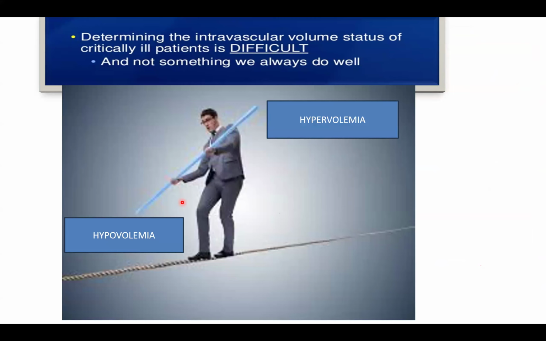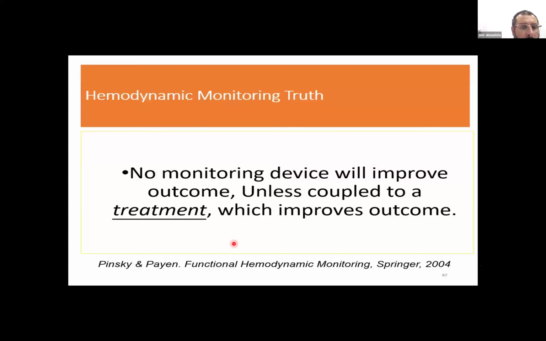So to end this presentation, determining the intravascular volume and fluid responsiveness is a very difficult situation and not something we always do well. Between hypervolemia and hypovolemia, it's very difficult to balance this decision. And many times you are not doing it in the proper way. You should use all the possible tools and facilities to reach the right decision.